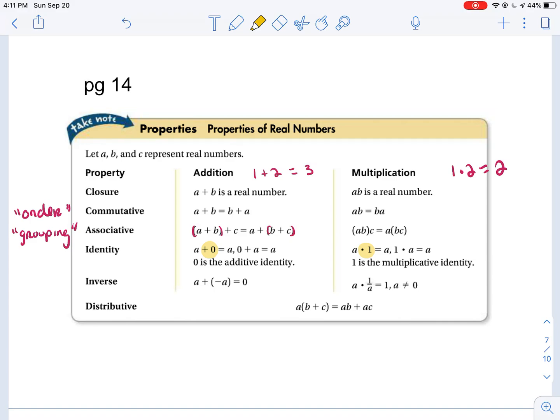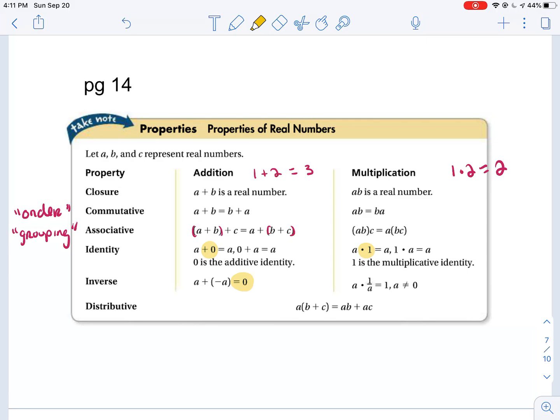Inverses. We've been working with inverses since we started algebra, right? Inverses basically tell me what two things will cancel each other out. So A plus a negative A will cancel each other out because addition and subtraction cancel each other out. Positives and negatives of the same value cancel each other out. How do you know you have the inverse property? Well, the answer brings us to 0.